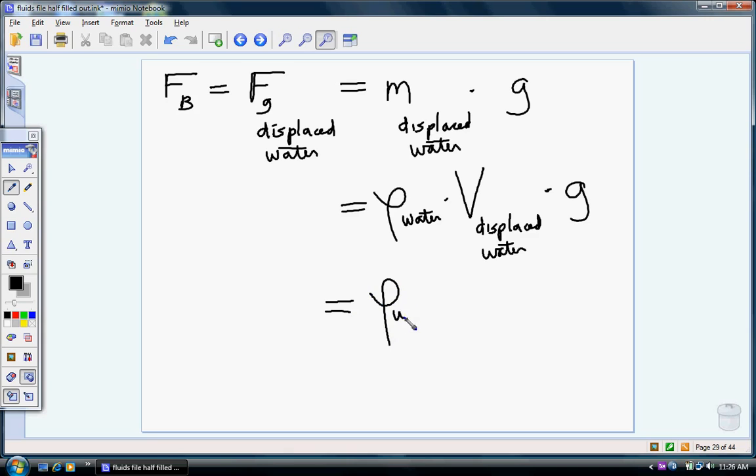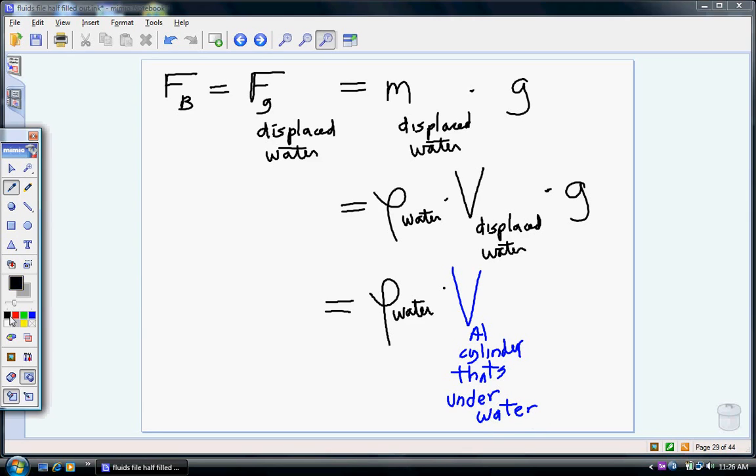Well, here we have the density of water times the volume of the displaced water, which is equal to the volume of the aluminum cylinder that's underwater, times G. So the buoyant force is going to equal the density of the water times the volume of the aluminum cylinder that's under the water times G.